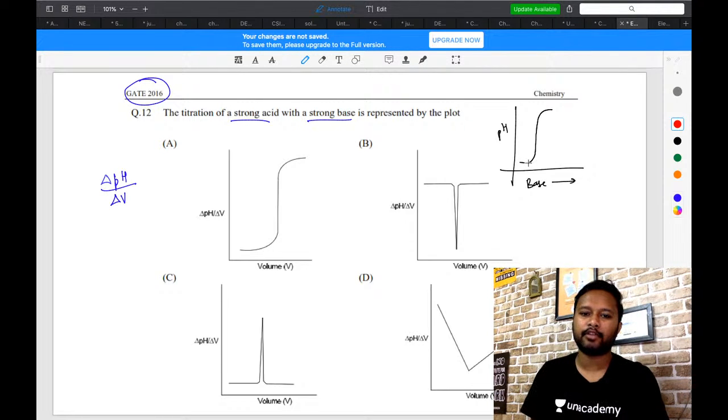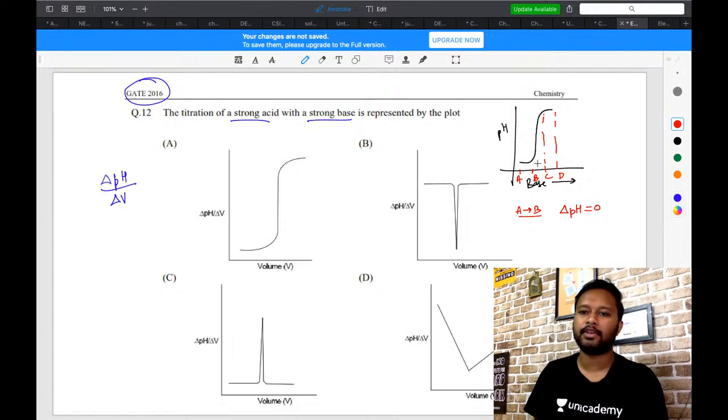No, there is no change. Let's mention points: A, B, C and D. From A to B, delta pH is 0.